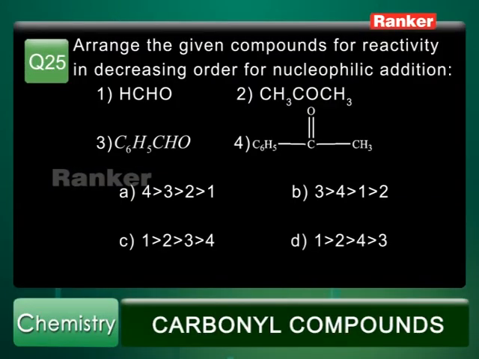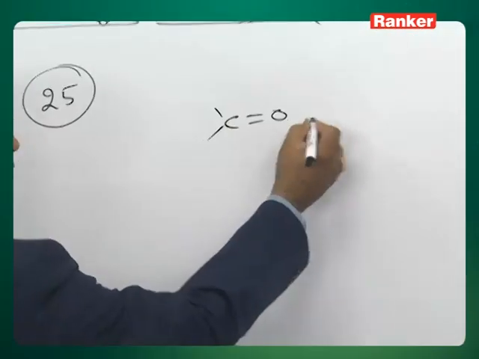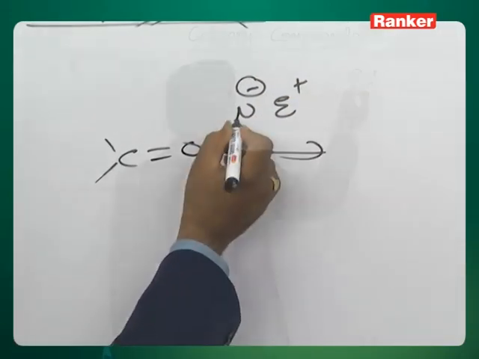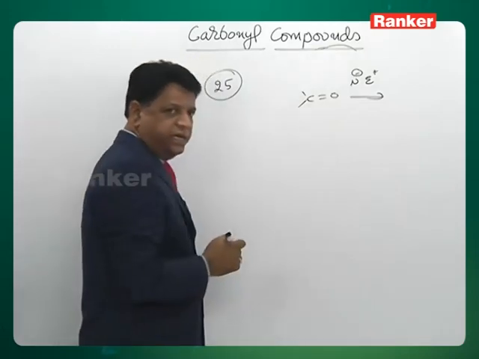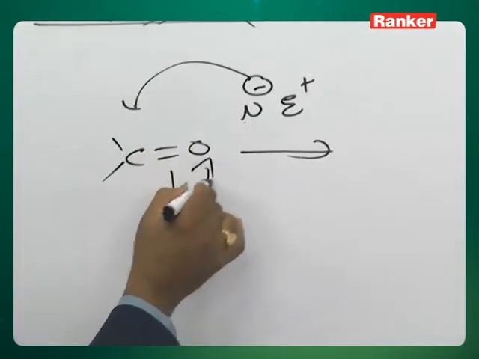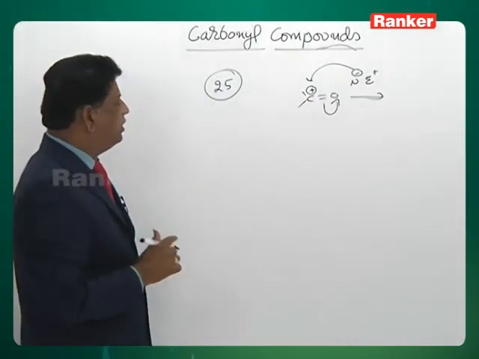Arrange the given compounds in decreasing order of reactivity for nucleophilic addition. The carbonyl compounds undergo one favorable characteristic reaction, nucleophilic addition. If a reagent containing a nucleophile and electrophile combination is added, first the nucleophile attacks because of the C plus, which is more reactive than the O minus.